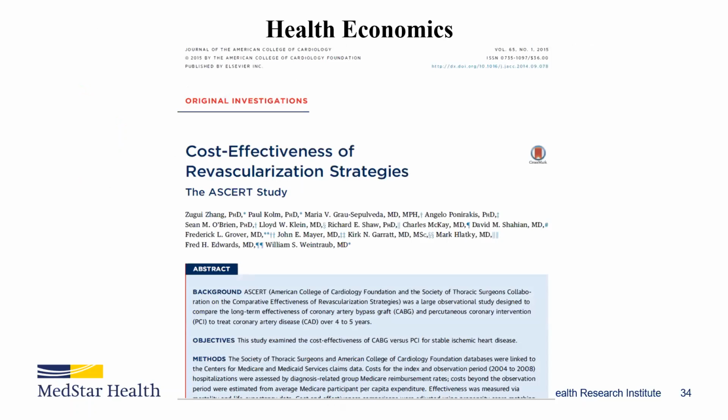So the study, as I said, was published a few years ago, where we looked at the cost effectiveness of revascularization strategies, in particular coronary artery bypass versus PCI, percutaneous coronary intervention. I used the data before in looking at propensity scores, but we also did a cost effectiveness of revascularization strategies.